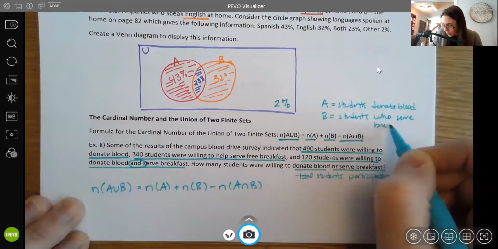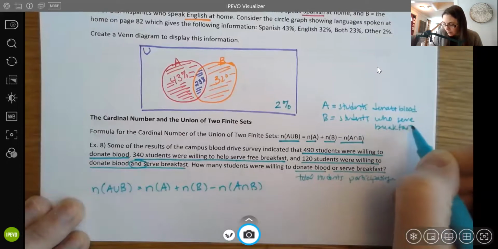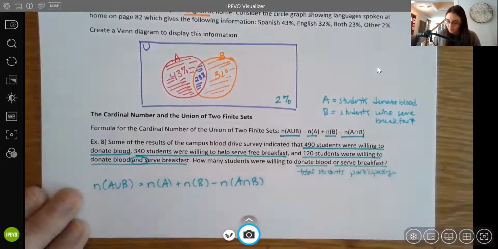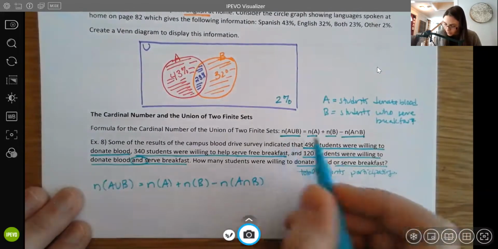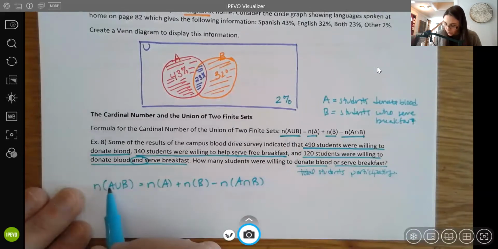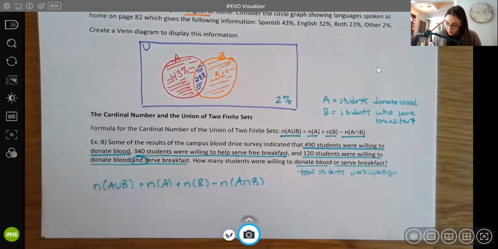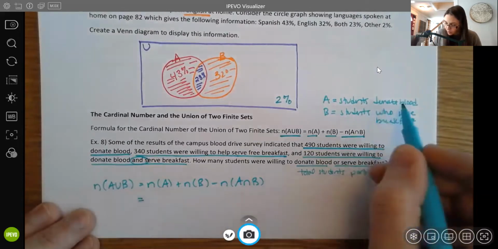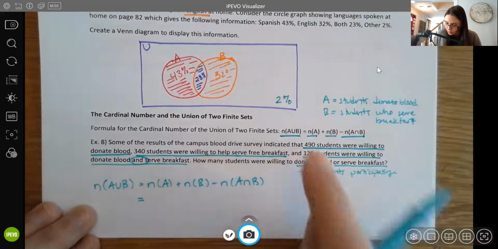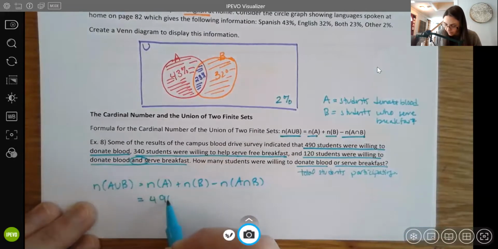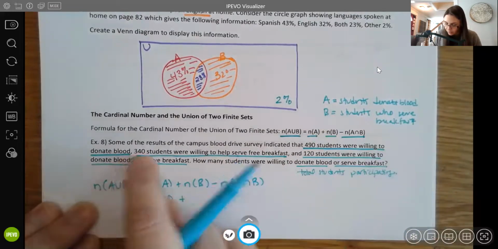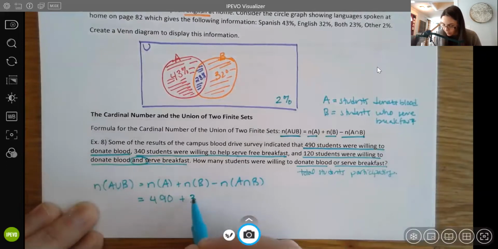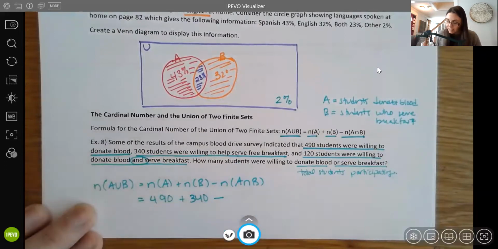So I'm just using a shorthand here for our sets. So for the union of these two, that's how many students donate blood or serve breakfast. I look at how many students are donating blood. Well, 490 students are willing to donate blood, plus however many students are serving breakfast, which is 340, minus the intersection.